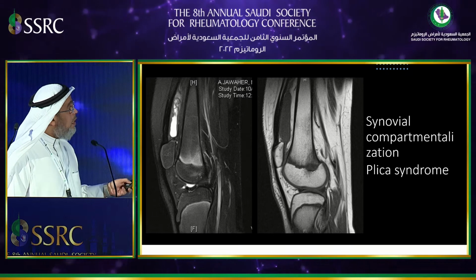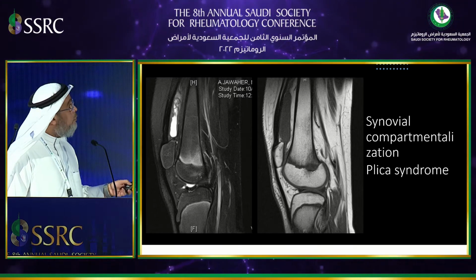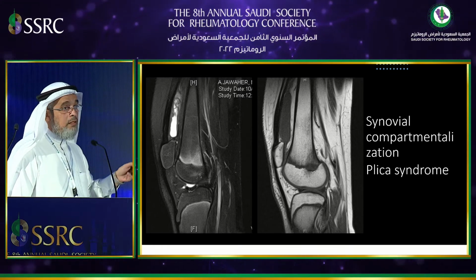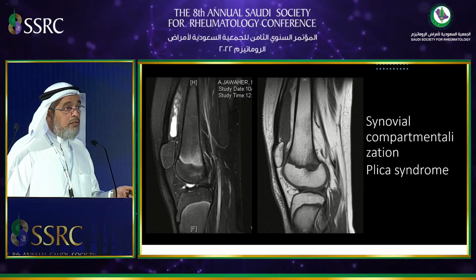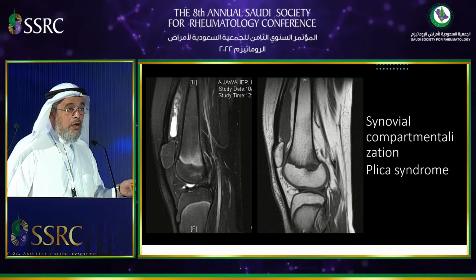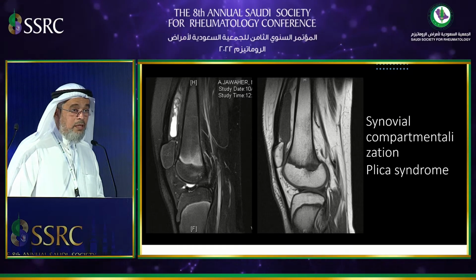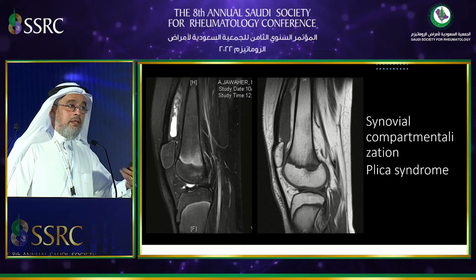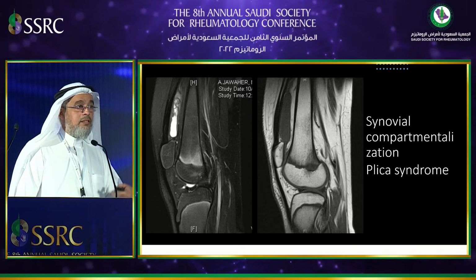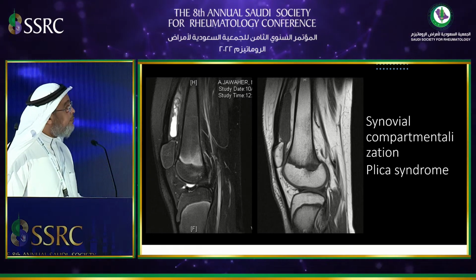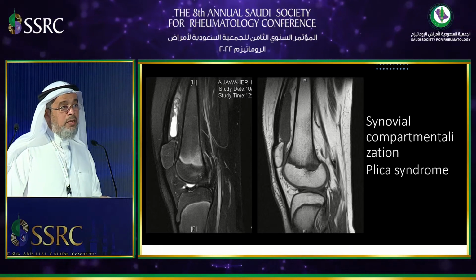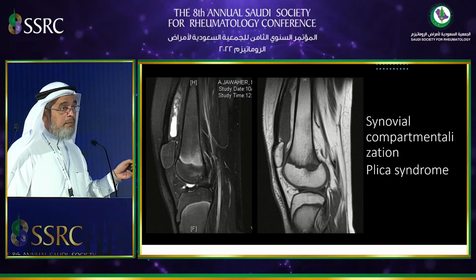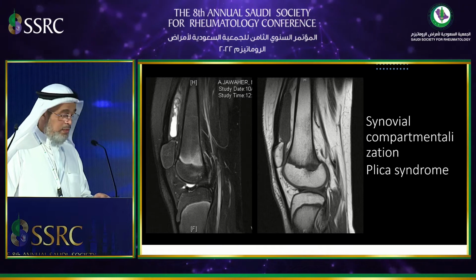So this one has persisted and formed a chronic mass-like lesion. The only treatment is surgical fenestration of the synovial plica. Otherwise, it might bleed or become inflamed with synovitis. So they call it synovial compartmentalization of the suprapatellar bursa by this plica syndrome.